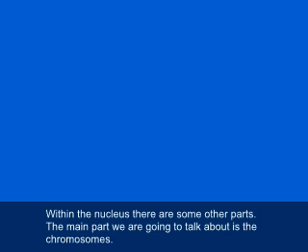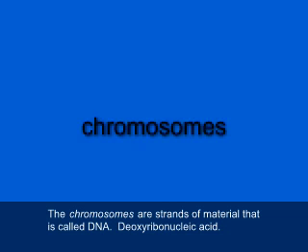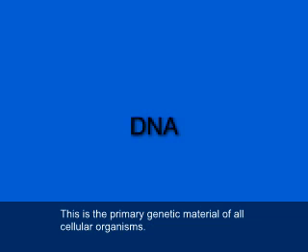Now, within the nucleus there are some other parts, and the main part we're going to talk about is the chromosomes. The chromosomes are strands of material that is called DNA, deoxyribonucleic acid, and this is the primary genetic material of all cellular organisms.